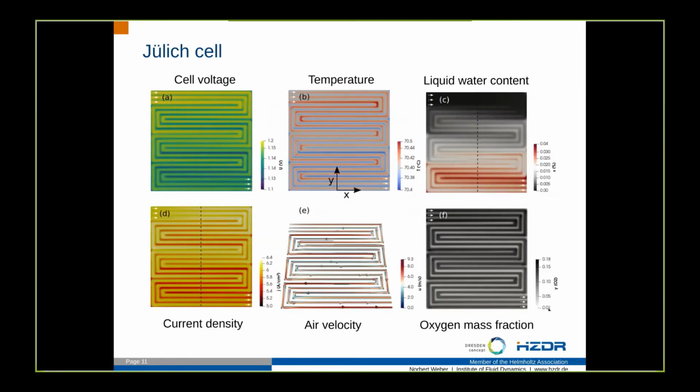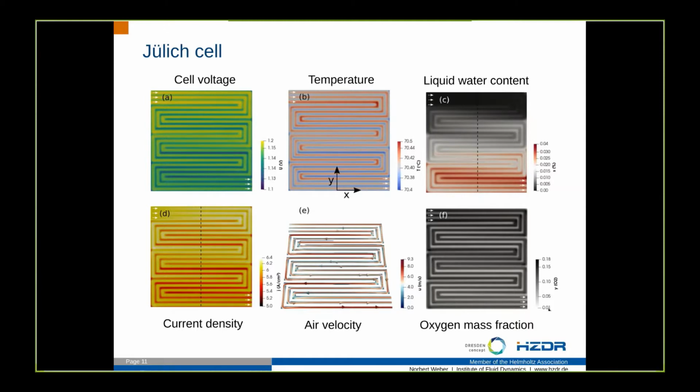When you look, for example, at the top right, you see the liquid water content here in black and in red. And you can see when the air enters the fuel cell, the air is still quite dry, but when it goes out on the bottom, you see how it gets red and how the water content increases.